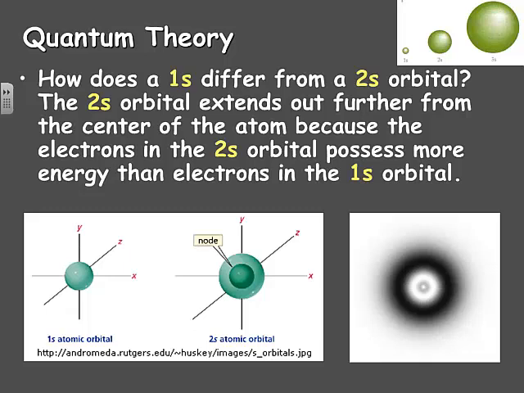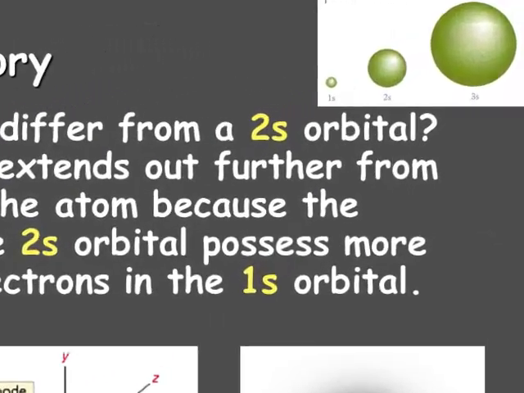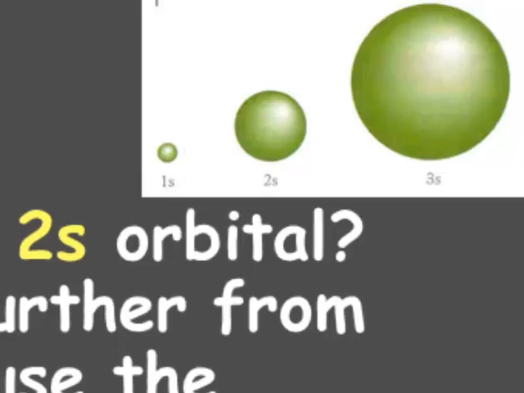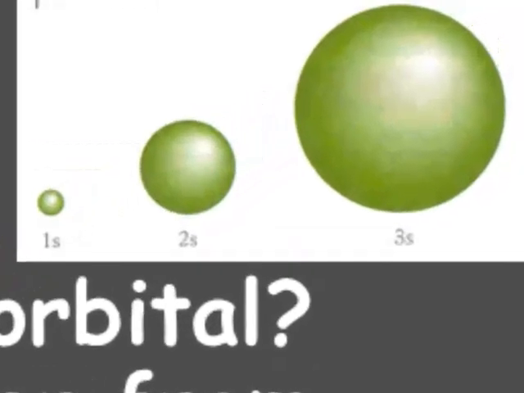Now, I mentioned that the S sublevel exists at the first energy level. It also exists at the second energy level, and so forth. You notice they all contained an S sublevel. The question is, how does a 1s sublevel differ from a 2s sublevel? Or, if we're looking at it in terms of orbitals, how does a 1s orbital differ from a 2s orbital? And as you can see in this upper right-hand picture, it's really all about size.